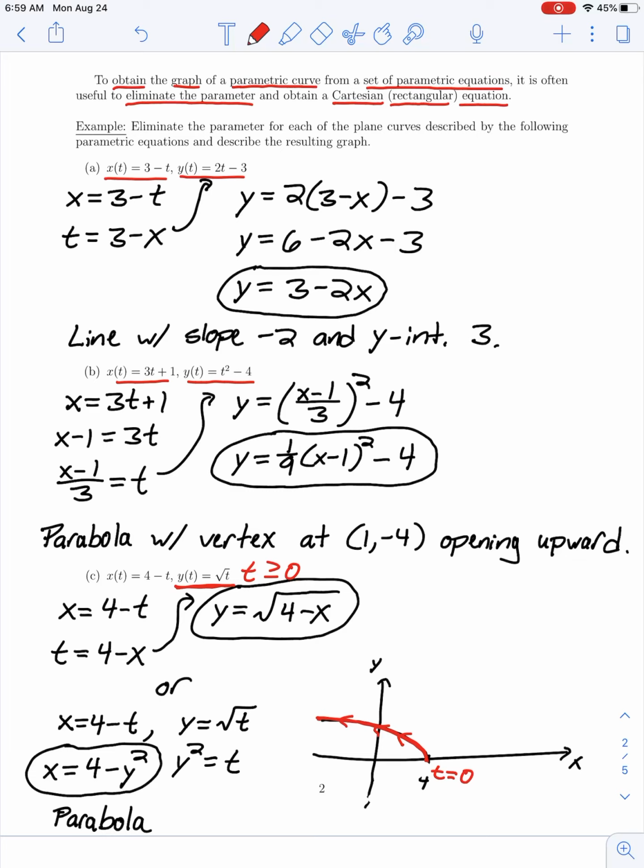So we would, in parts A and B, be sketching out the entire line and the entire parabola that we were describing, whereas in part C, we have just part of a parabola since we had a restriction on our parameter t. So something to be a little careful of when we're working with these parametric equations.